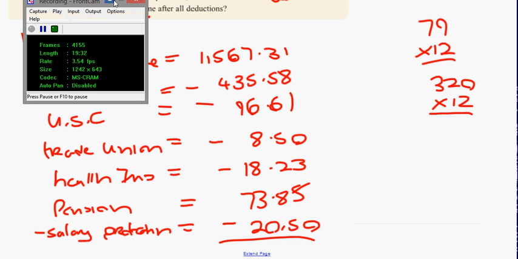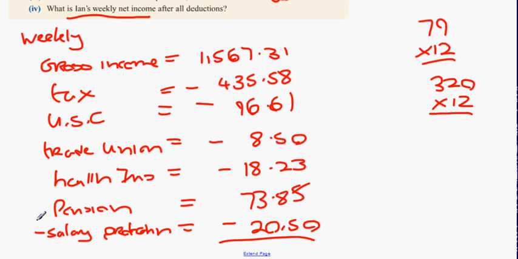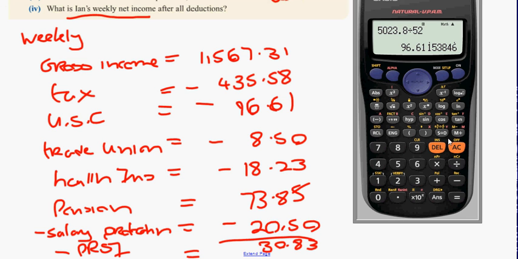So basically we left out one thing. We also left out the PRSI, and the PRSI is €30.83. So put all of it into the calculator.